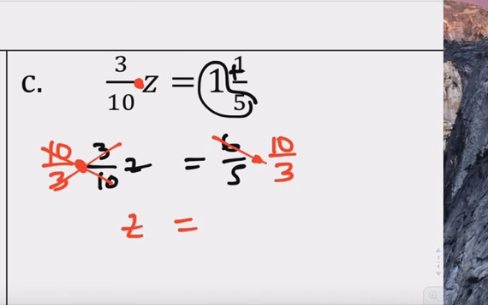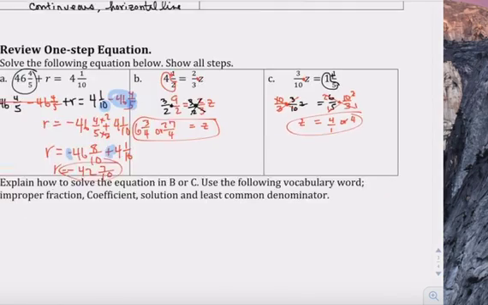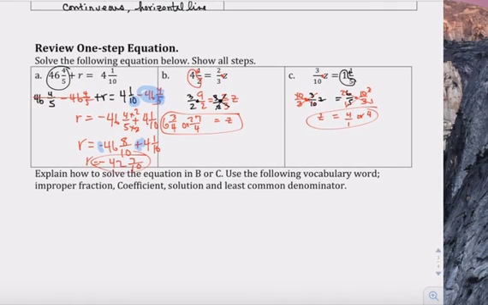C equals, cross cancel. 4 over 1 or just 4? Okay. Least common denominator we don't need.